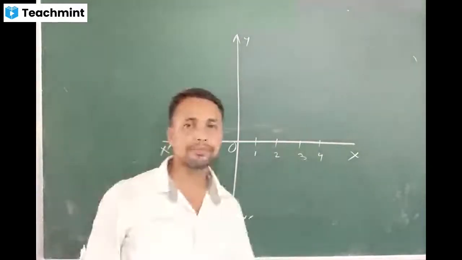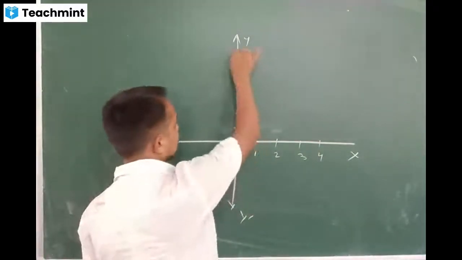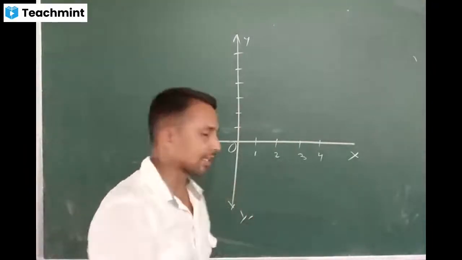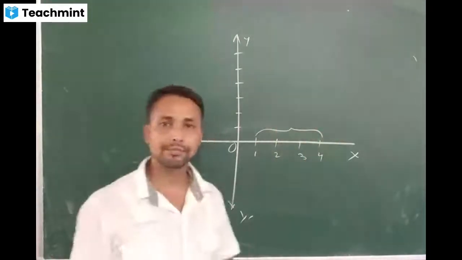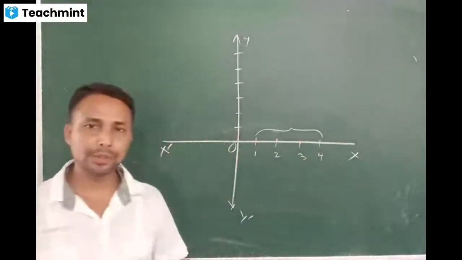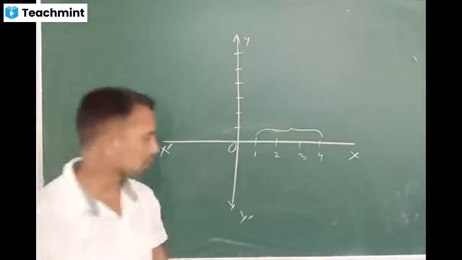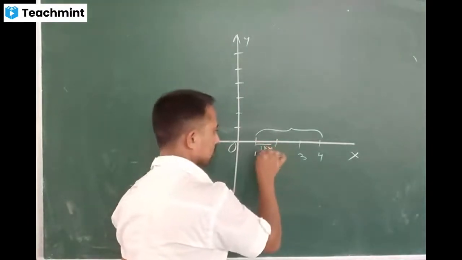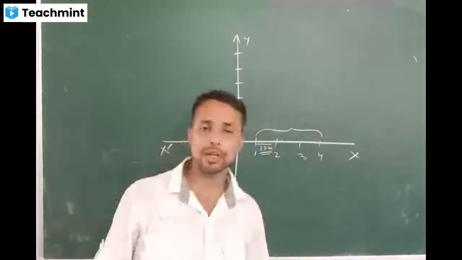Similarly, on this side 1, 2, 3, 4, 5, 6. Now, if we ask you what is the distance between 1 to 4? Suppose each of these parts is 1 kilometer: 1 to 2, 1 kilometer, 2 to 3, 1 kilometer, 3 to 4, 1 kilometer.